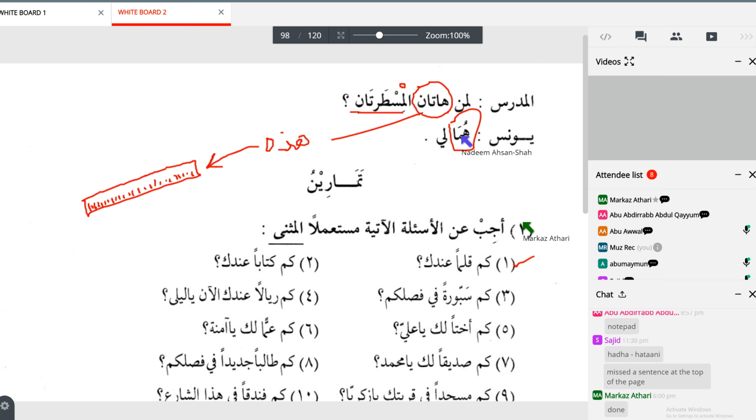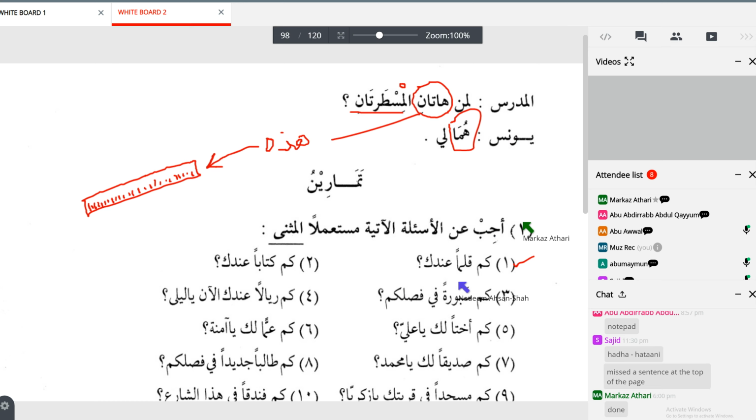Then liman hatani al-mistaratani, which is feminine, who do these two rulers belong to? Yunus says, huma li. So huma is for masculine as well as feminine. Jayyid, tayyib, alhamdulillah.